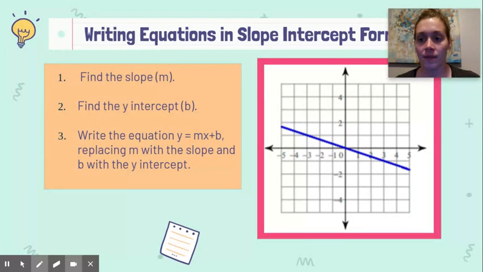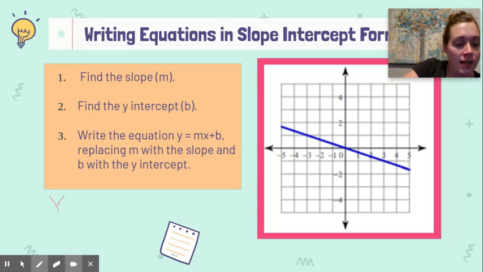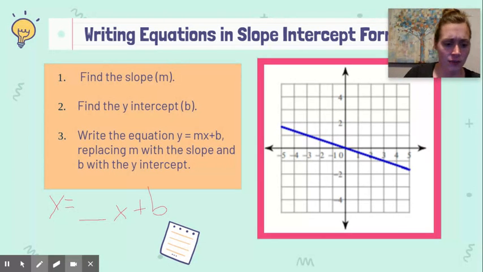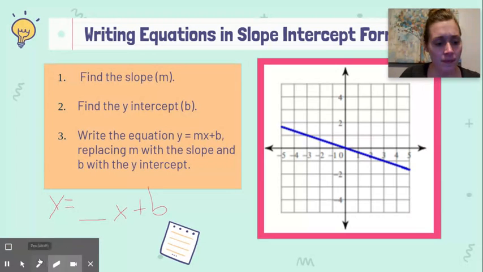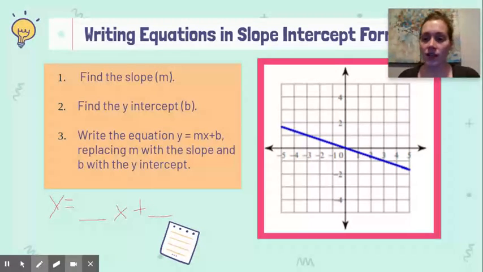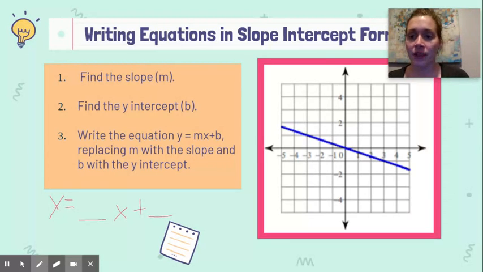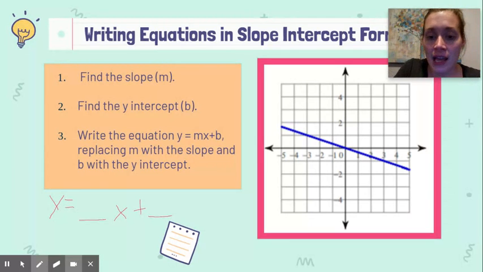Okay, so again, we're just using our y equals mx plus b. We just need to fill in those blanks. So the first thing you needed to do was find your slope, rise over run. So pick any 2 points on the line.